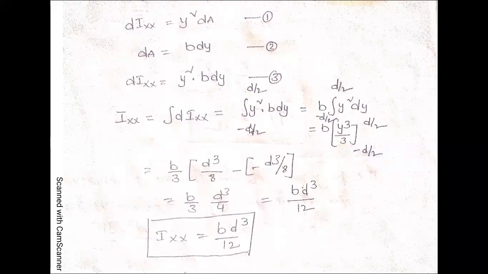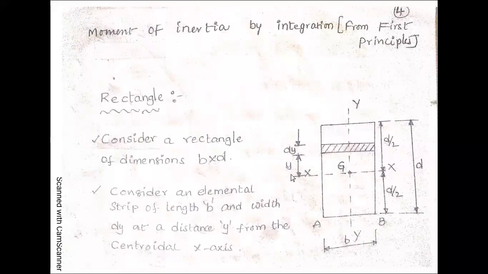Here is how we define the limits of the integral domain. Please see here: the element strip can travel from the 0 position to d by 2 distance on the positive side, because G is the origin. We take the x-axis as the horizontal axis and the y-axis as the vertical axis. From the 0 position it can travel a maximum of positive d by 2 distance, and at the same time on the bottom it can travel a maximum of minus d by 2 distance.